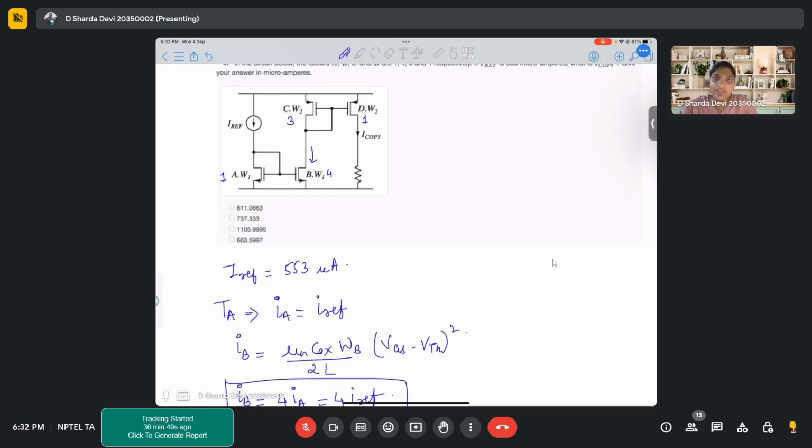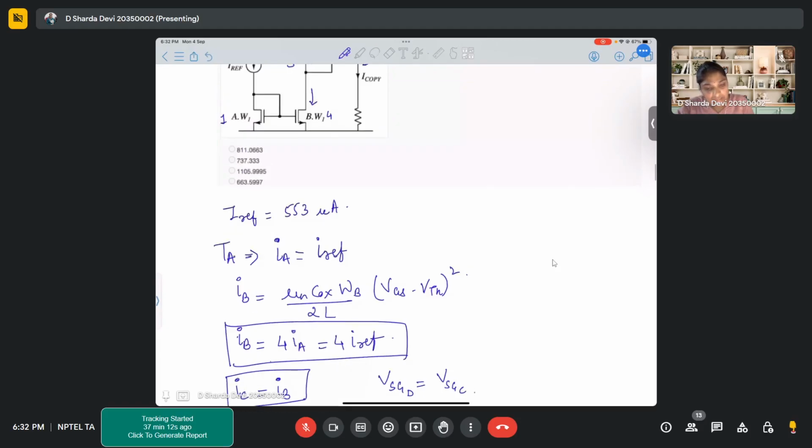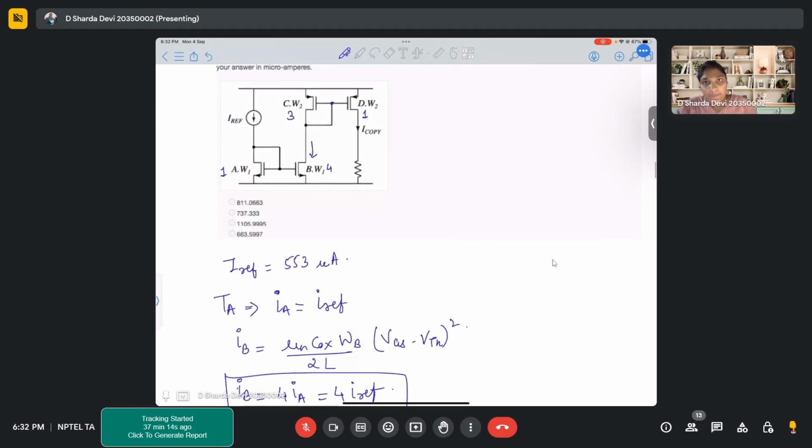So anyways, the current that will be flowing through transistor B will definitely be flowing through transistor C. There is no other way around. Now, when we come to transistor D, for transistors C and D we again have VSG of D equal to VSG of C, right?